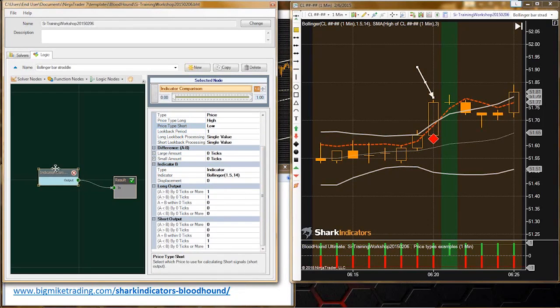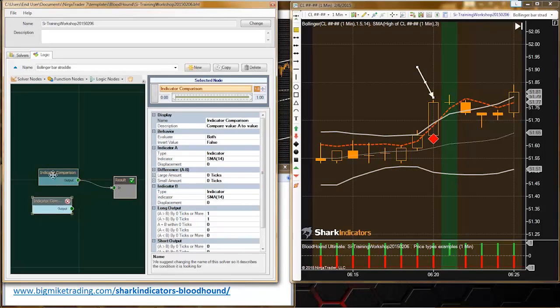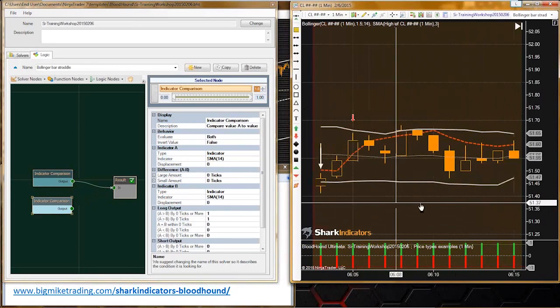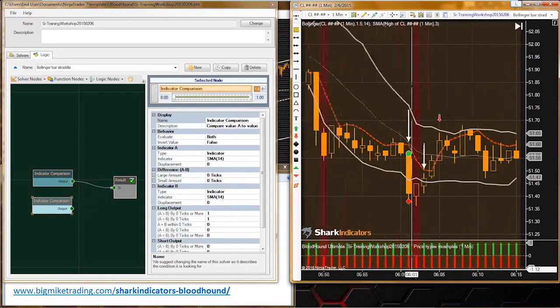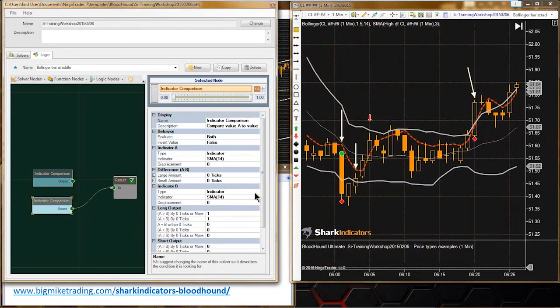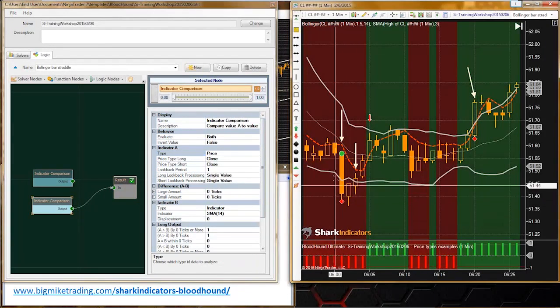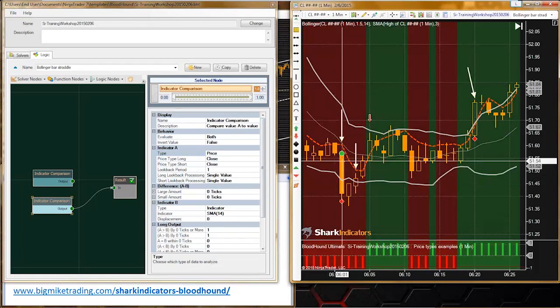Alright, so now we need one more solver. Let's grab another comparison solver. Set up the prices here. Okay, so let's work on the lower band first.